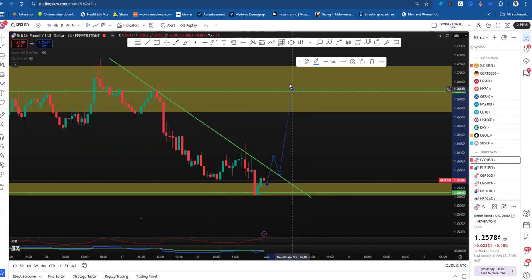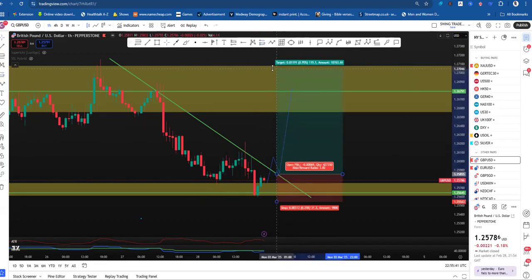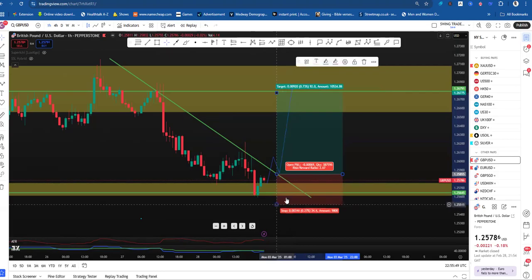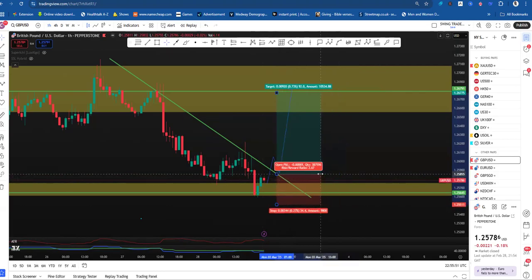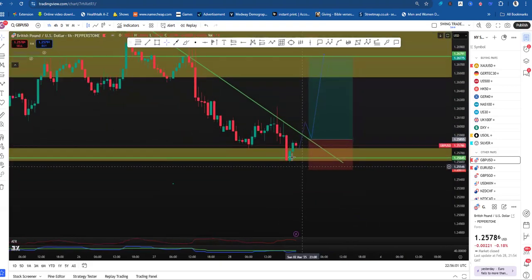I'm looking at that first move that will give us the opportunity to take this trade to the upside. We're targeting somewhere there, with the stop loss just around there, and that would give us about 2.5% for the week. If we get 2.5% on our trade for the week, that would be beautiful. So I'm looking for that setup.